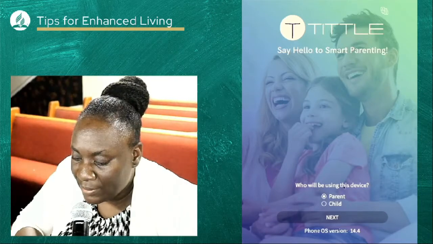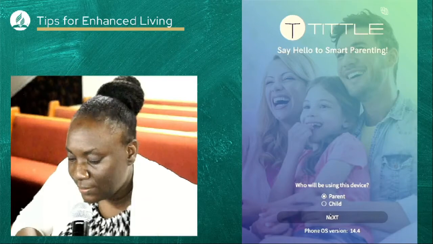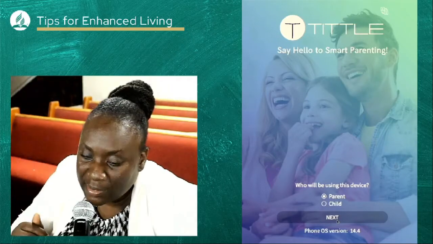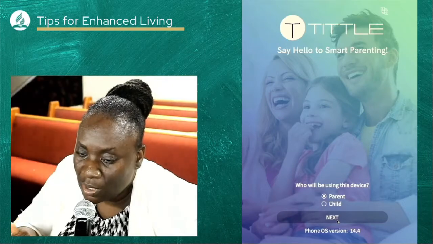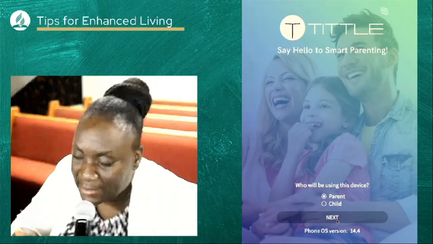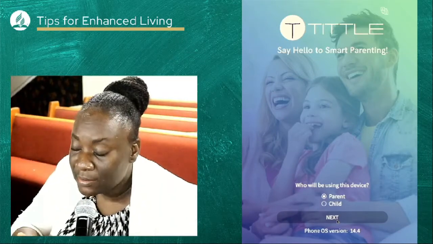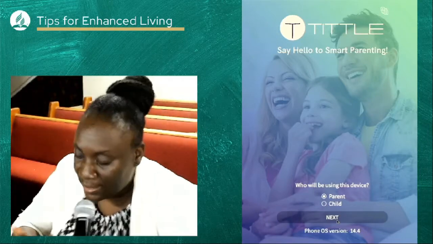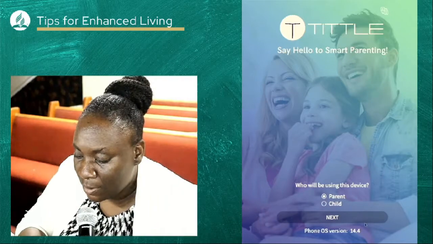Is it a parent? Is it a child? So you select, then you go to next. And as you know, almost all apps used with iOS are paid for. So this is an application that you have to pay for, and it has in-store costs as well.